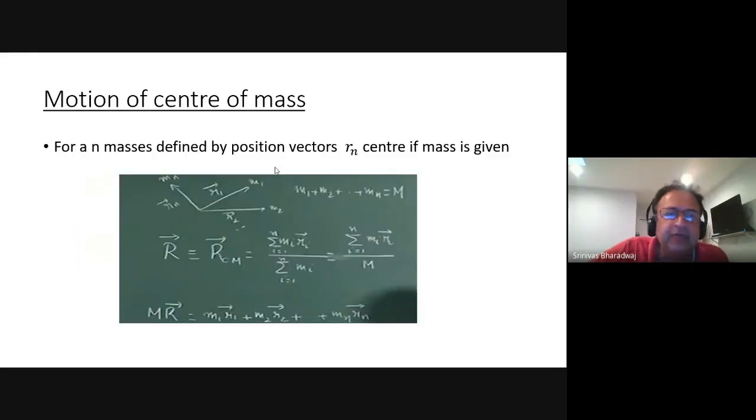Okay, so now the motion of center of mass. Now we are going to derive the theory around this, right? So we have n bodies, each at a vector. Remember that we are always in the realm of vectors. Now center of mass is a position, and therefore it is a vector, right?